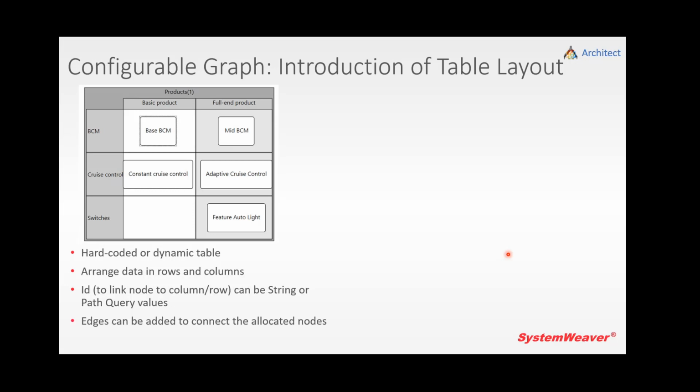You can add edges if you want to connect the nodes, and this type of layout is really good for flow types of diagrams. So if you have a state machine or swim lane or activity diagrams, that kind of thing.